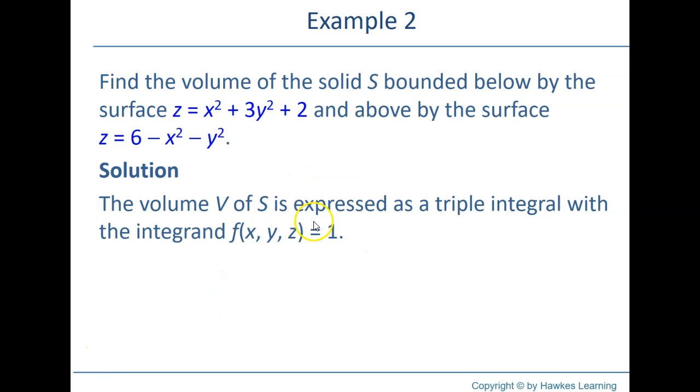This is a concept very similar to what we did when we found area using double integration, because we said double integration gives us volume underneath the surface. But if we made the integrand 1, that gave us area, because the area and the volume would be equal if that's the case. Well, we do the same thing here, and then we'll just make this our upper z and this our lower z when we set up this triple integral.